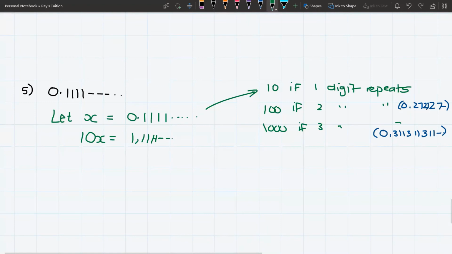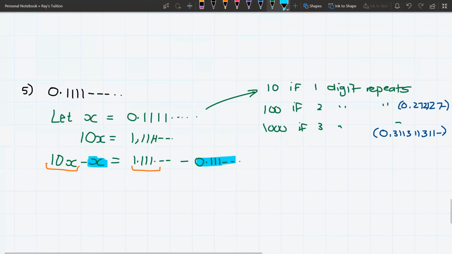So 10x minus x, so I'm taking this one and subtracting that one, is equal to 1.111 minus 0.111. Okay, because 10x is 1.111, and 1x is 0.111, as per our definitions.